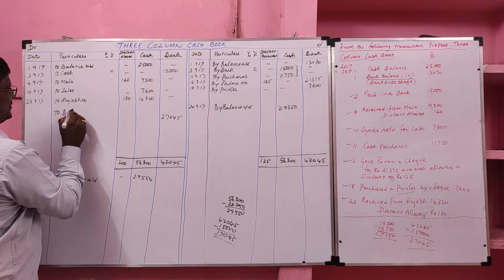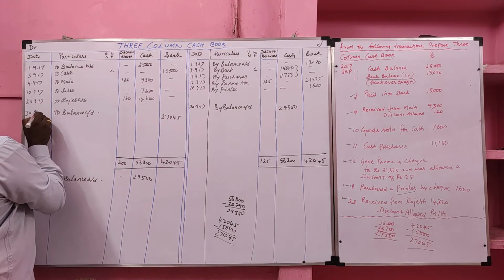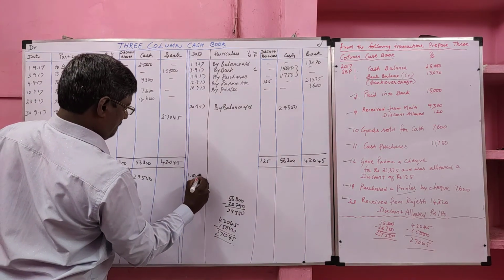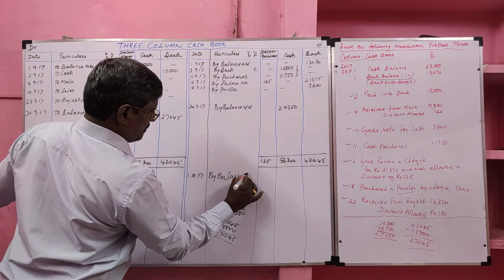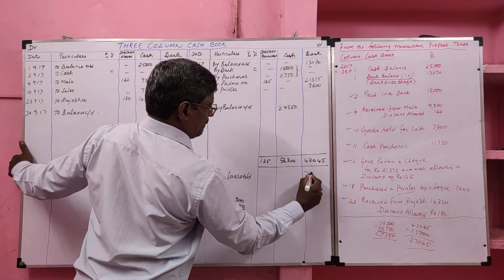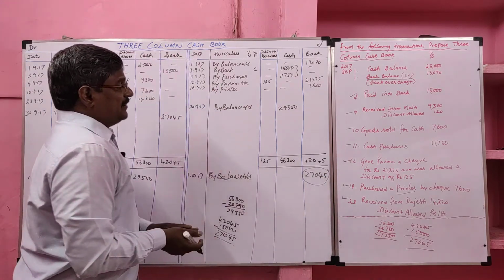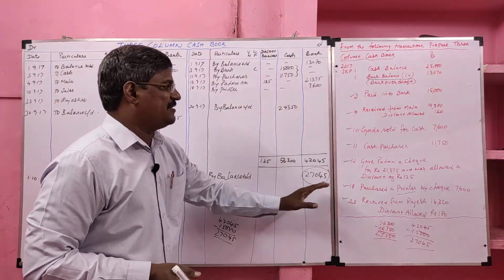Bank balance, by balance PD. Here the bank balance shows a credit balance, so it is a bank overdraft.